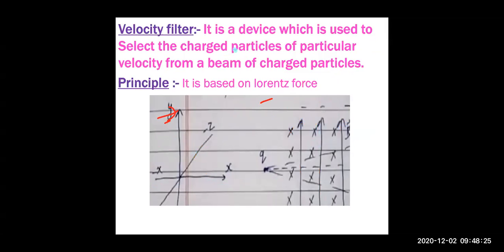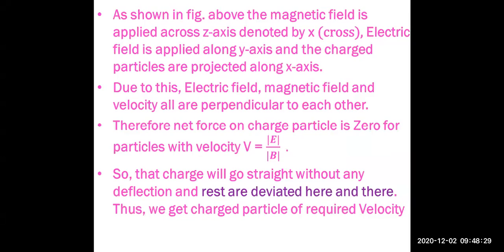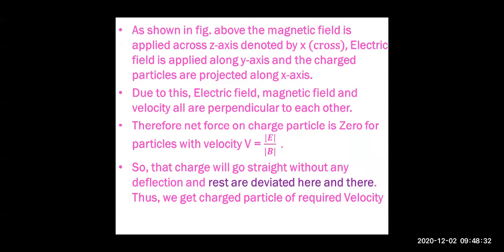So as they are perpendicular, we know that the Lorentz force will be 0 for the particle whose velocity is E upon B. We know this, right children? So as the electric field, magnetic field and velocity are perpendicular to each other, the net force will be zero. For whom? Not for all the particles.